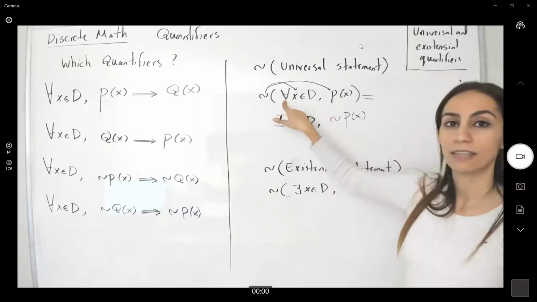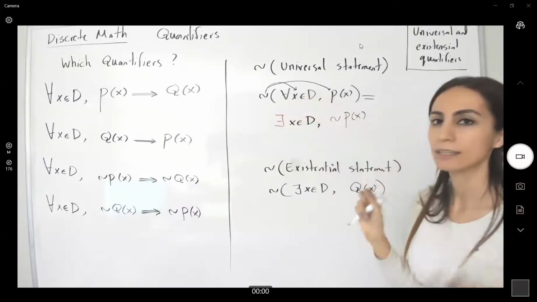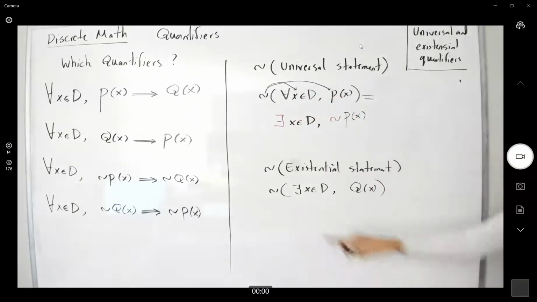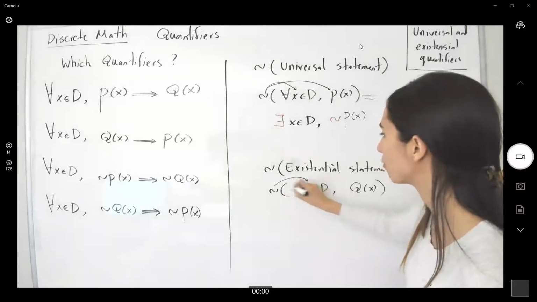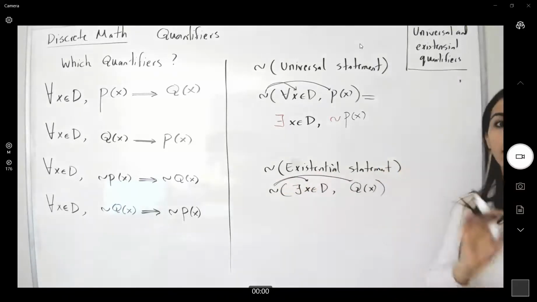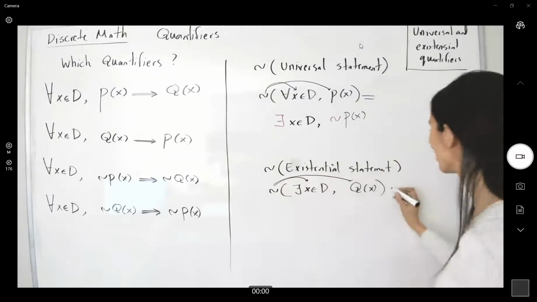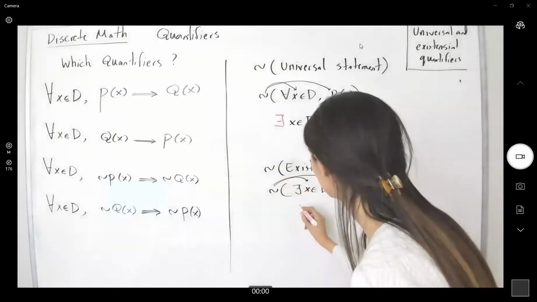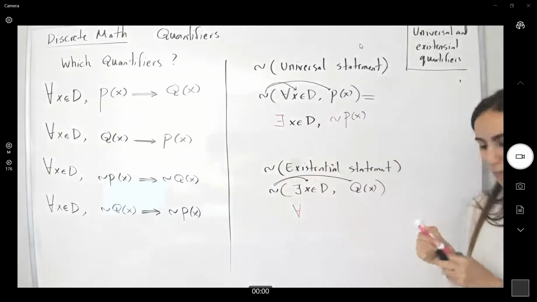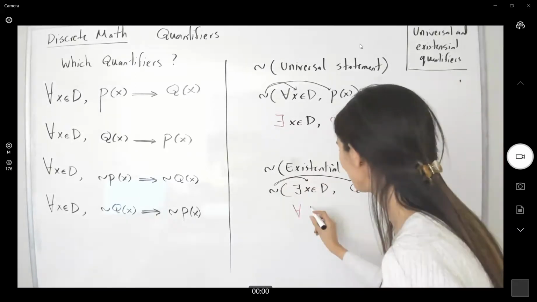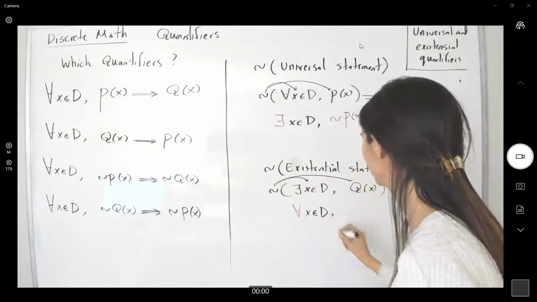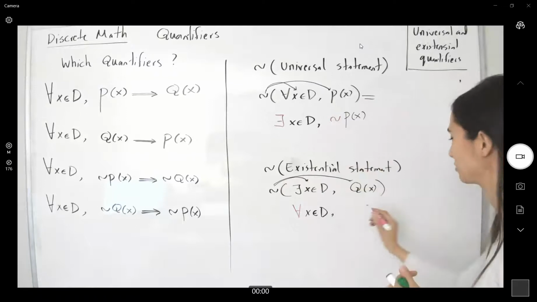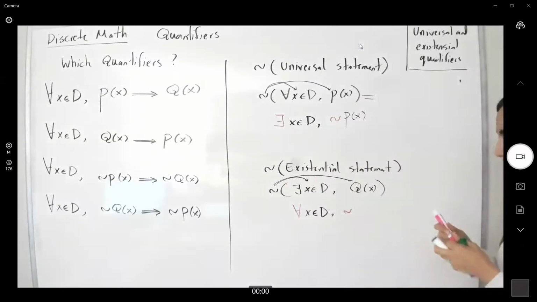You are negating the quantifier itself and you're negating the predicate itself as well. The same here. The negation is distributed over parentheses. The negation of existential quantifier is universal. So it's going to be for all, for any x in the domain D, not q(x). So we're going to negate two things, not q(x).